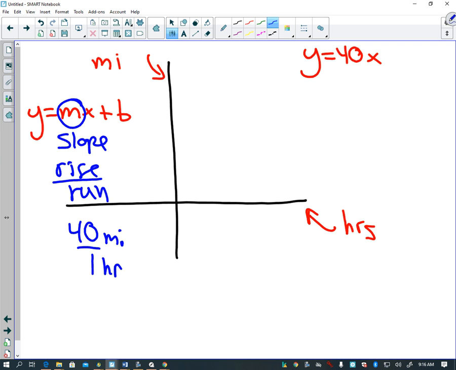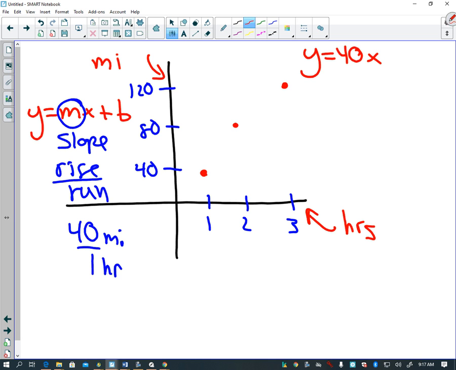So we're going to have 1 hour, 2 hours, 3 hours. We have a different scale down here. Because we're dealing with a really large number like 40, we're going to say 40, 80, 120. So I'm here, here, and there.